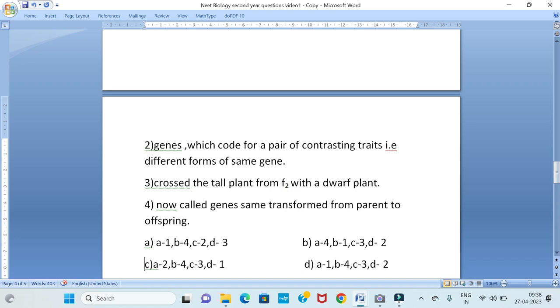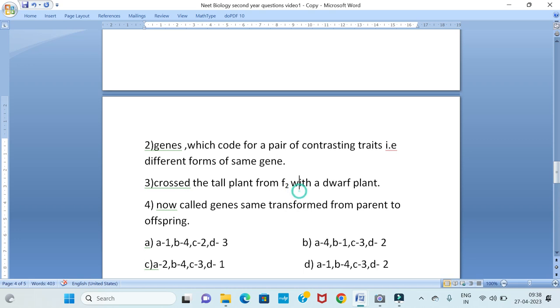That is called a test cross. Test cross. Test match is five days, day two: dwarf plant, F2 with dwarf. Here I am taking day 2, so the match is playing on day 2. Like that you can remember.